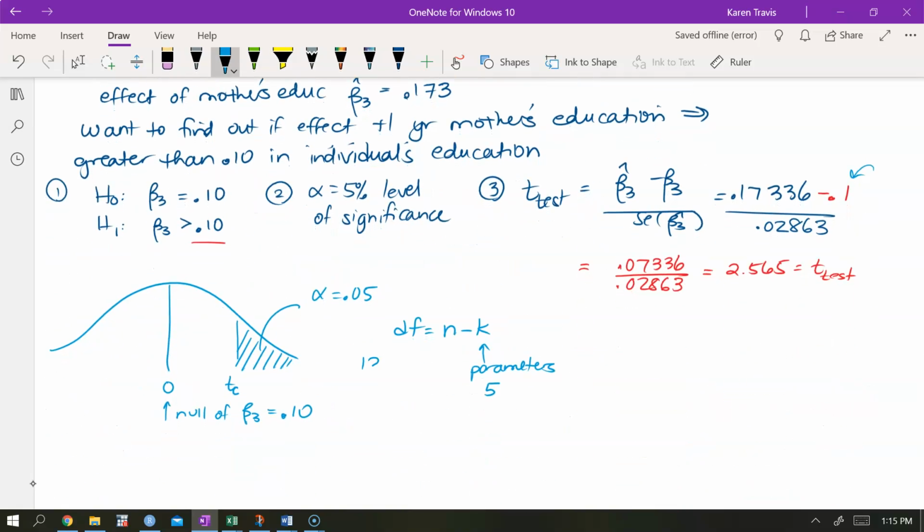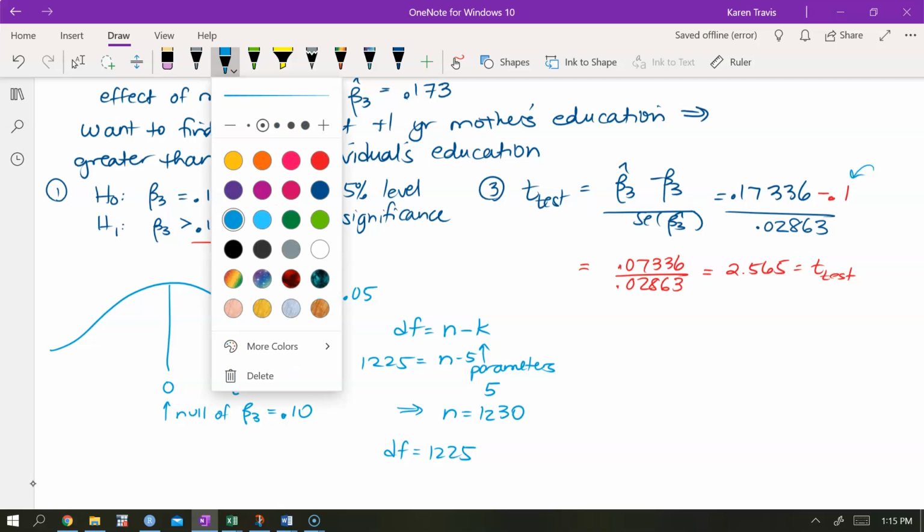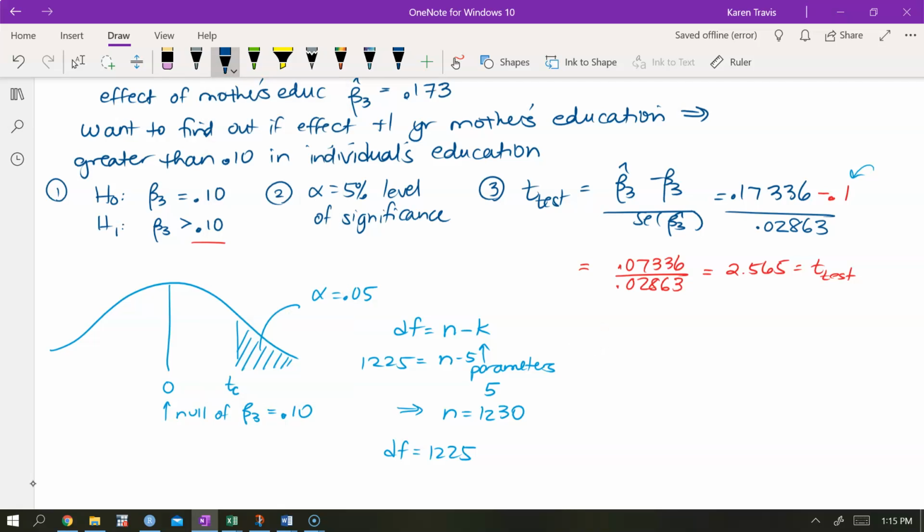So what I know is that 1225 was n minus 5, which shows me that n actually was 1230. But when I'm looking up t critical, what I want is a t critical with degrees of freedom of 1225 or n minus 5 and a 5% tail. And if I look that up, this t critical is 1.646. So remember, that's the start of the rejection region.